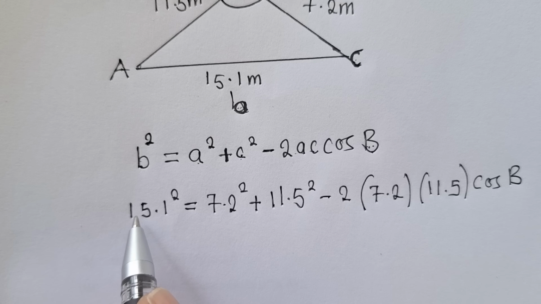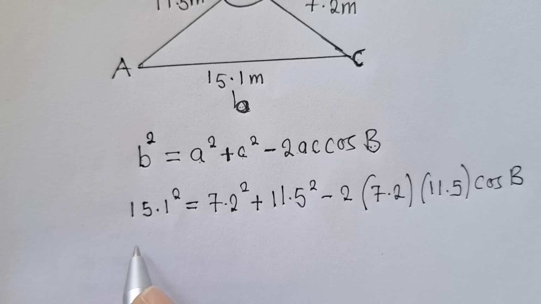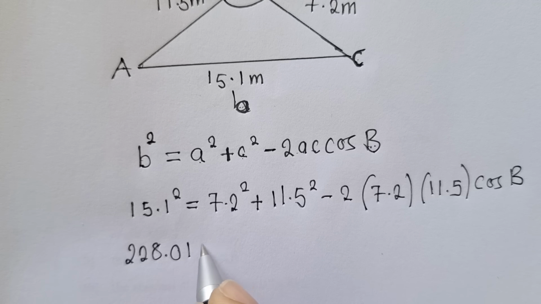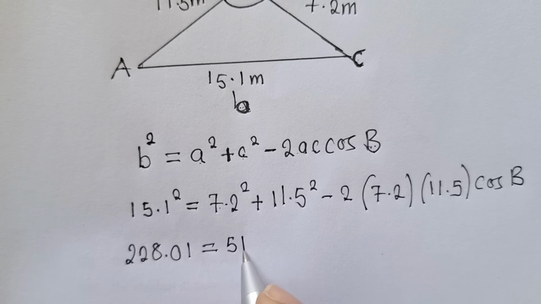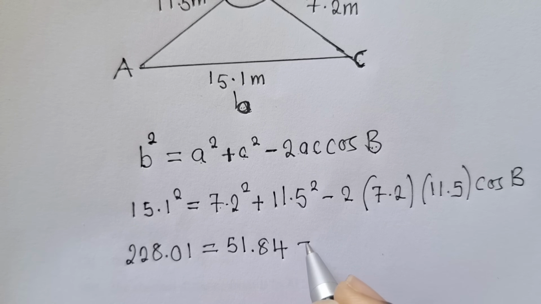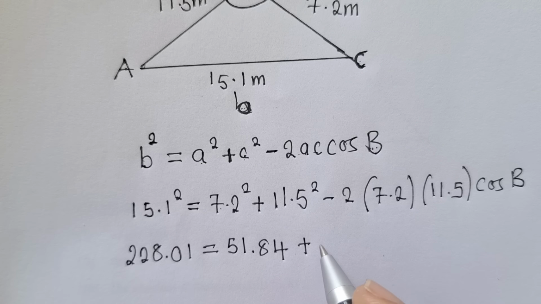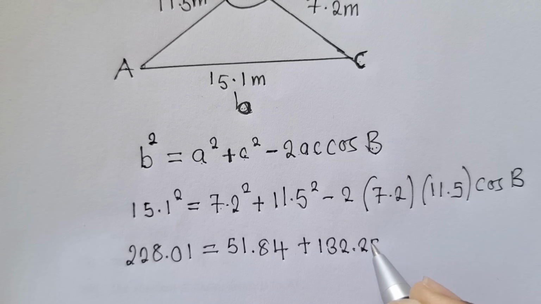So what is 15.1 squared? That is 15.1 times 15.1. It will give us 228.01, which is equal to, here it's giving us 51.84, plus here it's of course giving us 132.25.